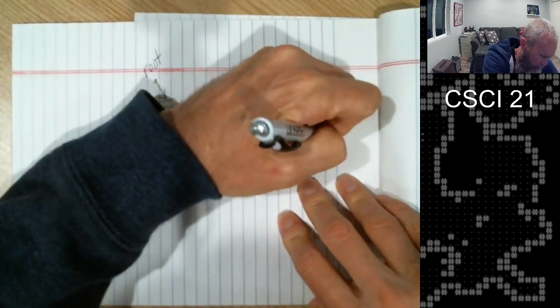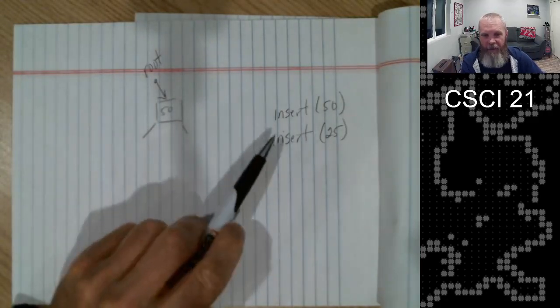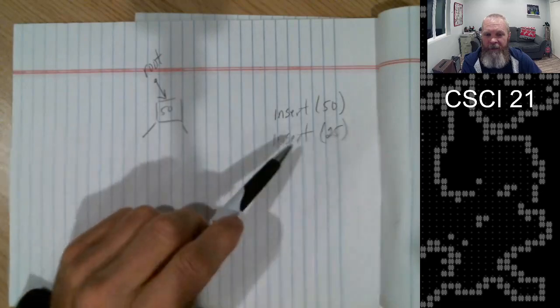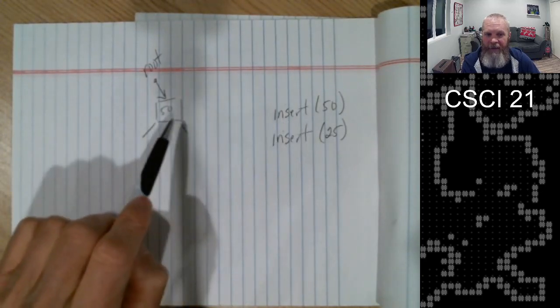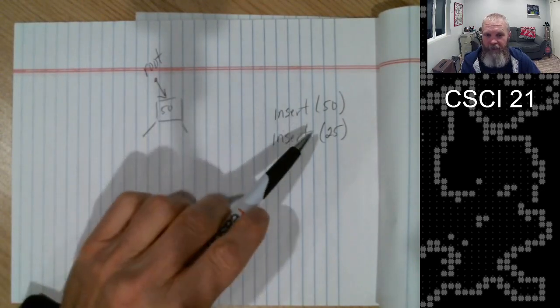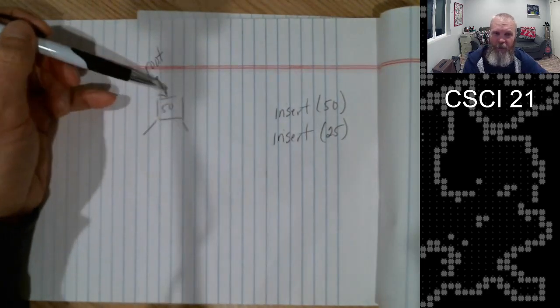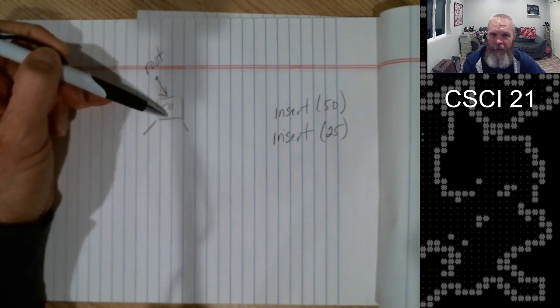So let's insert 25. The way that we're going to design these algorithms, whenever we insert data on a tree, we go left every time we have data that's less than the node that we're on. So to insert a 25 in this binary search tree, we start at the root. If there's something at the root, then we have to decide if we go left or right.